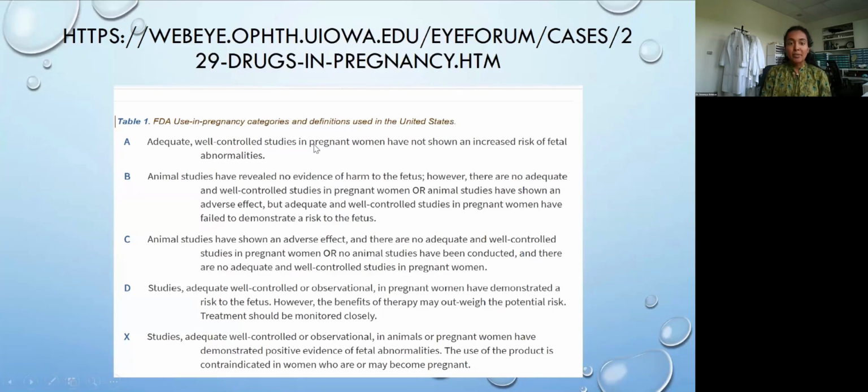The link is above, and the FDA uses these categories: A, B, C, D, and X. For example, A is controlled studies in pregnant women have not shown an increase in the risk of fetal abnormalities, whereas X is it has demonstrated positive evidence of fetal abnormalities. So category X means that these medications should not be used in women who are pregnant or who may be pregnant.